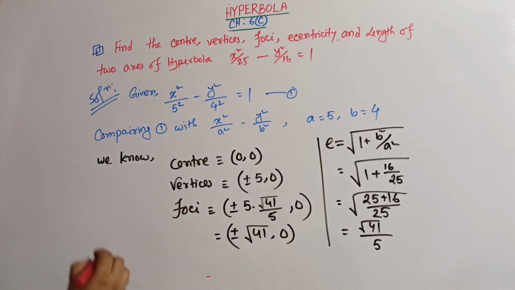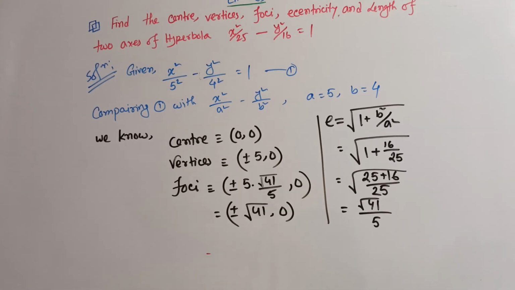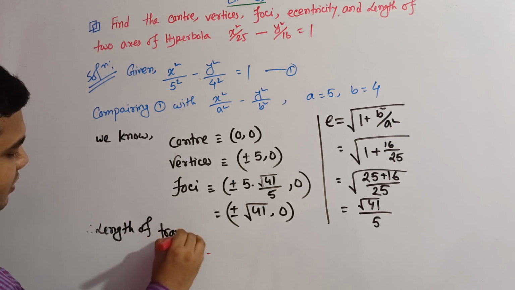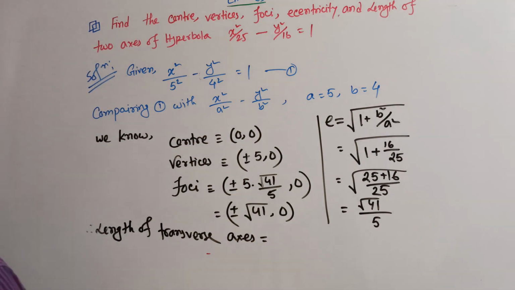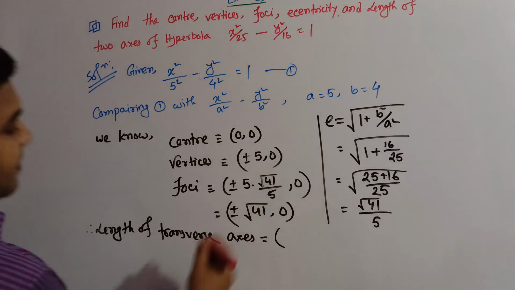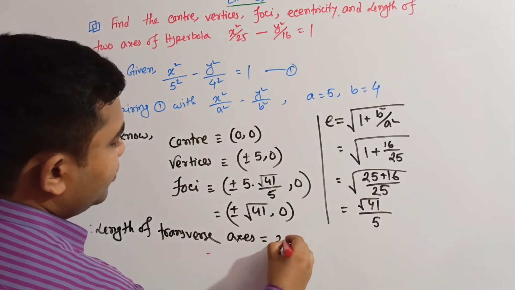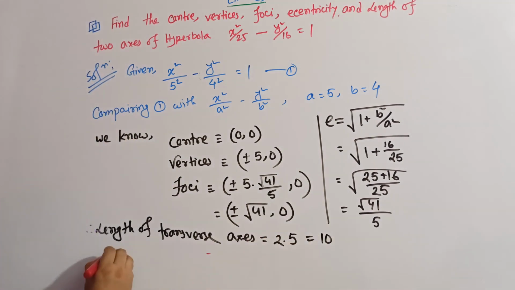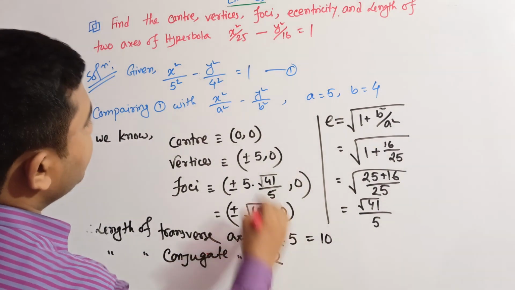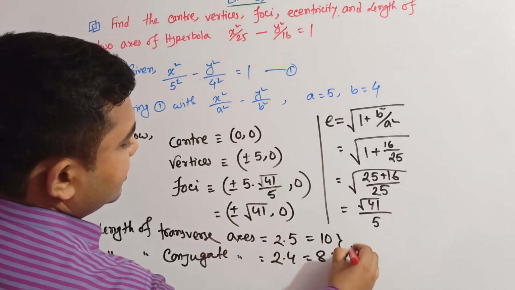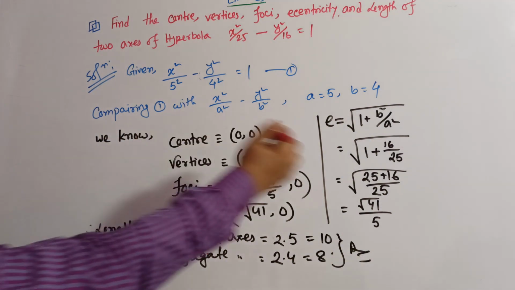So the length of the transverse axis is 2 into a, that is 2 into 5, that is 10, and the length of the conjugate axis is 2 into 4, that is 8. So these two are also our answer, everything is in our answer.